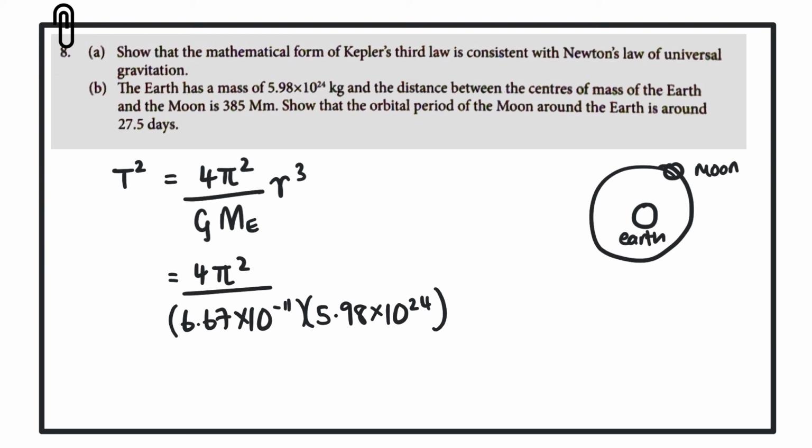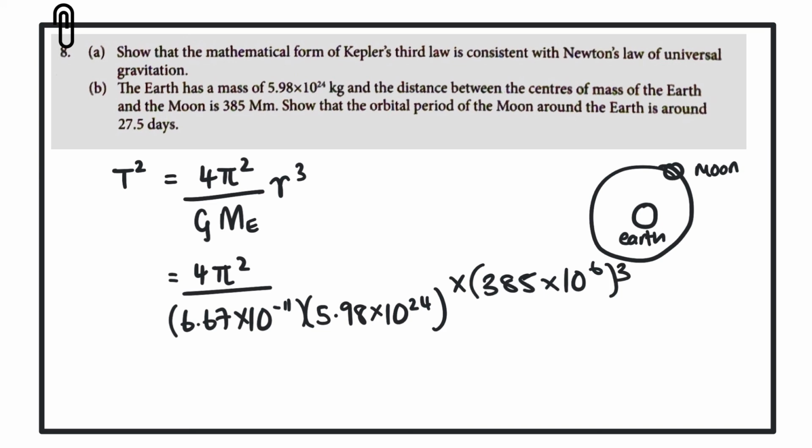And that's all multiplied by the distance between the two. And that distance is given as 385 megameters, so that's by 10 to the power of 6. And then don't forget that that distance is also cubed.